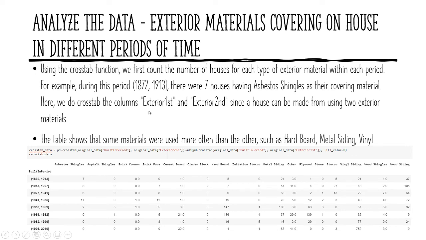Here we cross-tab the columns exterior first and exterior second, since a house can be made using two exterior materials. So the table shows that some materials are used more often than others, such as the hardboard, the metal siding, the vinyl siding, the wood siding.